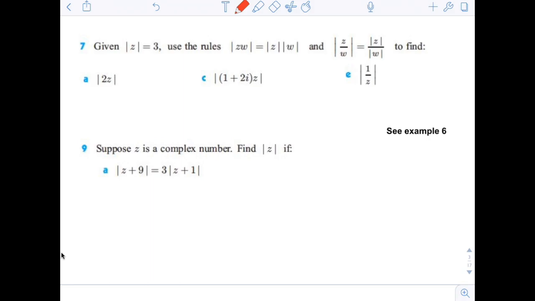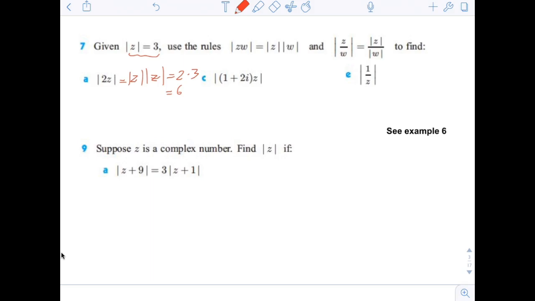So I can rewrite this as the modulus of 2 times the modulus of z. And the modulus of 2 is just 2. The modulus of z in this case is 3. So it'd be 2 times 3, 6.